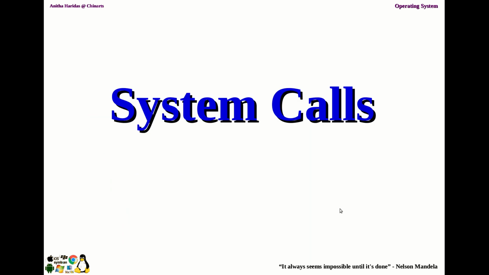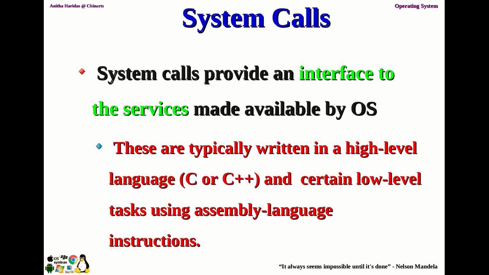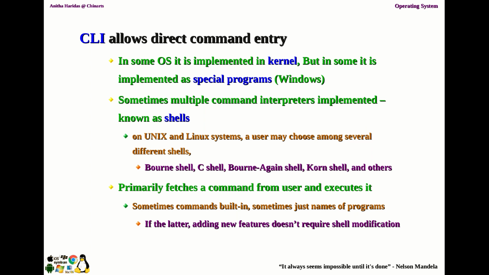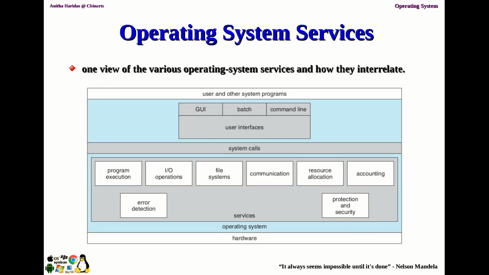The next very important operating system structure is the system calls. System calls are the ones which provide an interface to the services made available by the operating system. We had already seen where exactly the system calls lie in the operating system view.